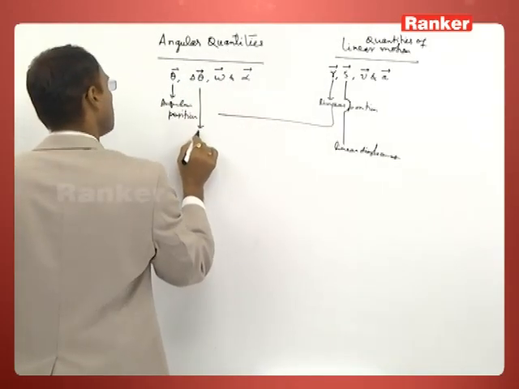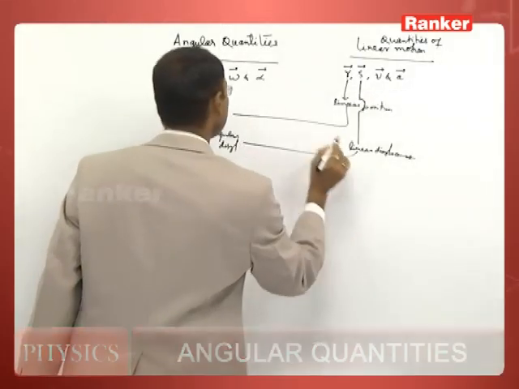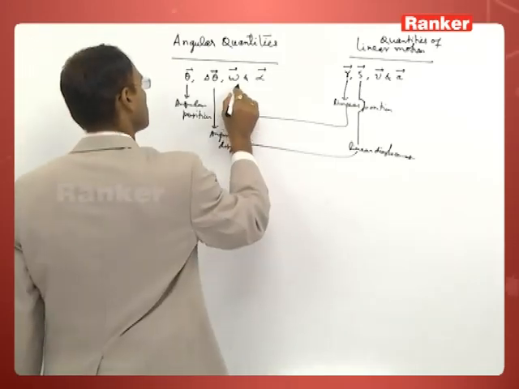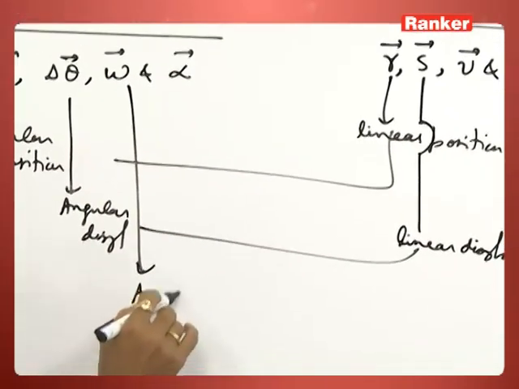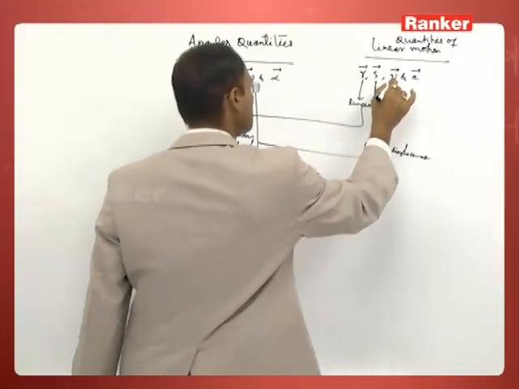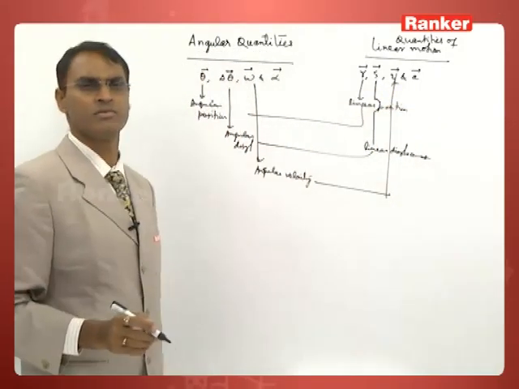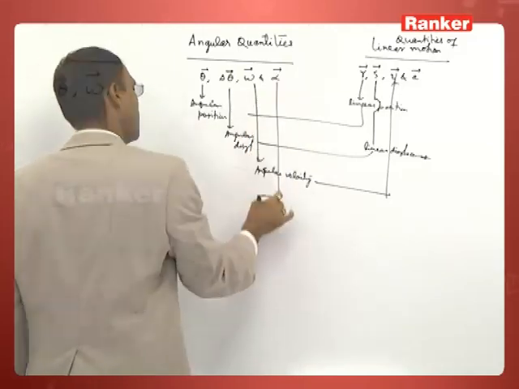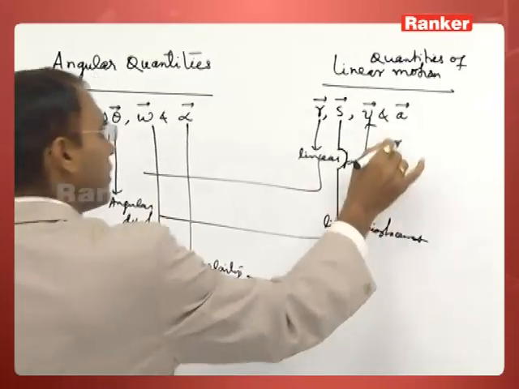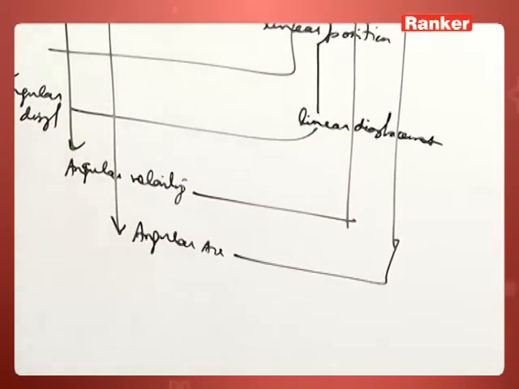This is angular displacement. This is analogous to linear displacement. This is angular velocity, which is analogous to linear velocity, everybody knows. This is angular acceleration, and this is analogous to the linear acceleration.